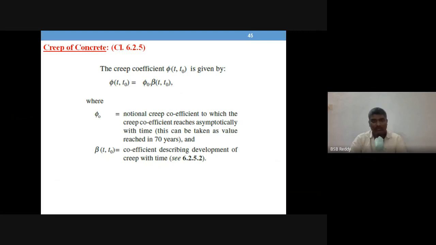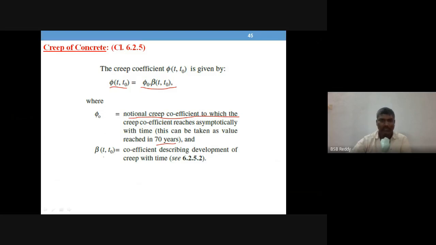Similarly, how do you estimate the phi value? The creep coefficient at a particular time is nothing but phi naught into beta. Phi naught is a value given in the table, the notional creep coefficient to which the creep coefficient reaches with time, maybe 70 years, given in tabular form.